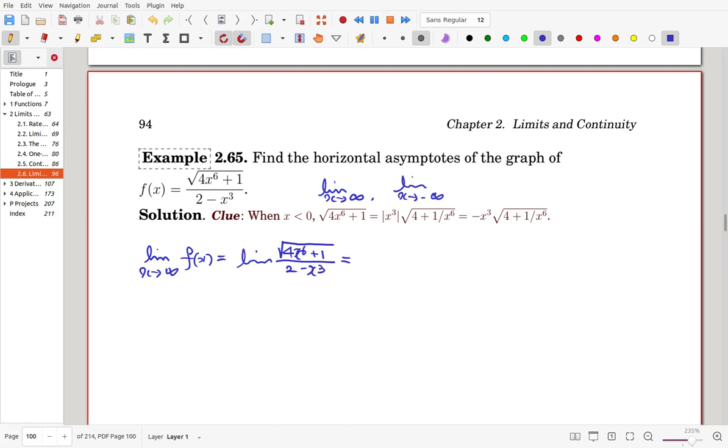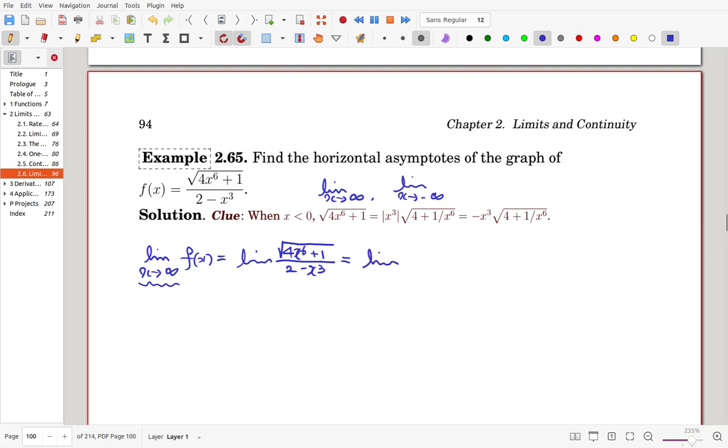Okay, we may try to put x to the 6 outside. Now x is approaching infinity, which means that x is positive, so here x to the 3, x cubed, can go out.